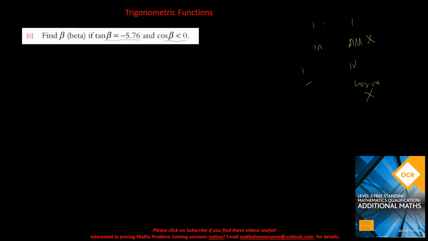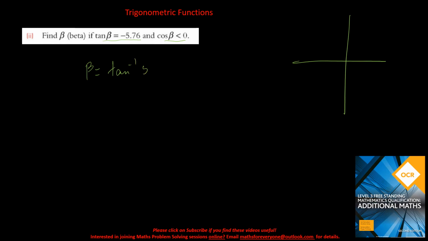So what is going to be the angle? If you do tan inverse of minus 5.76, so beta will be tan inverse of 5.76. What you get is 80.2 degrees or minus 80.2 degrees. Okay, so it would lie here.